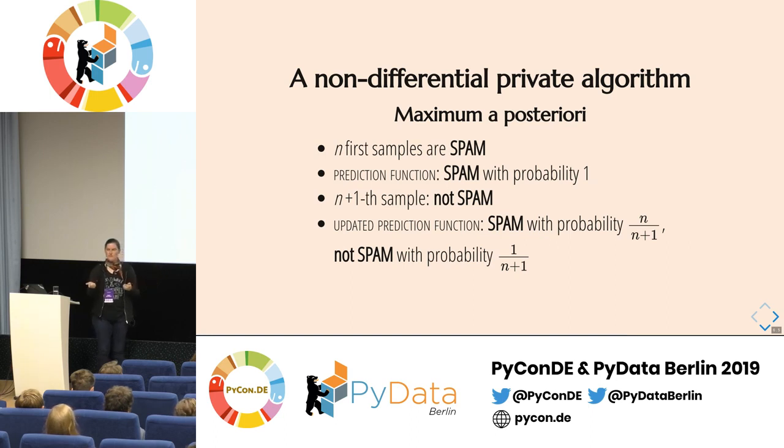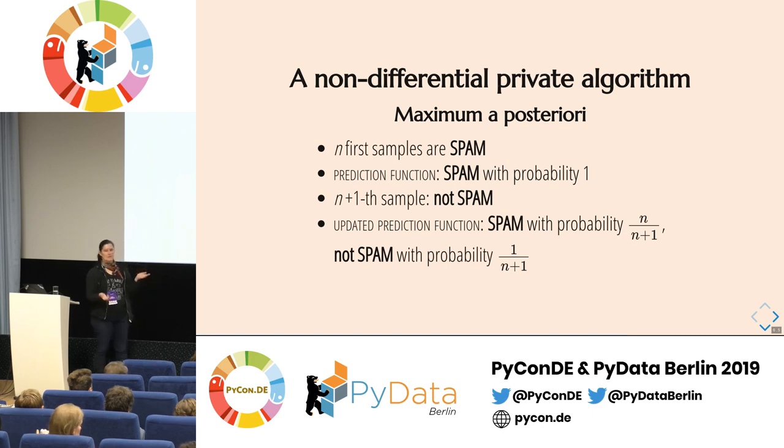That means that if you have an attacker who can query your API, they can query this algorithm, and they know which was the last sample which was added, which is also something which is possible. Then they know, as soon as you're starting to have non-spam responses, that your last line added was not spam.